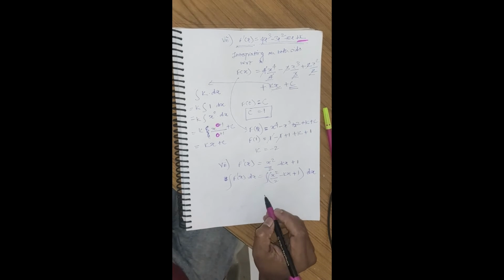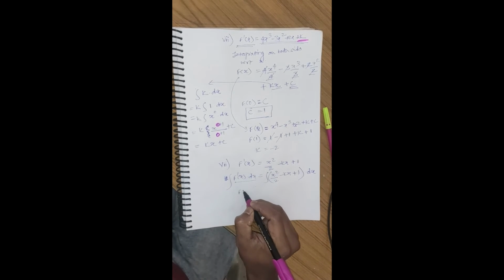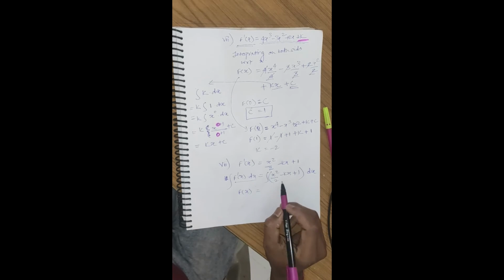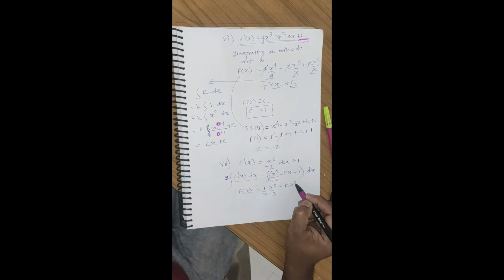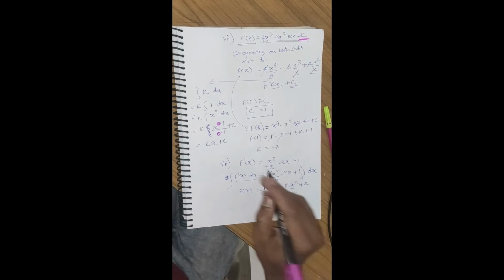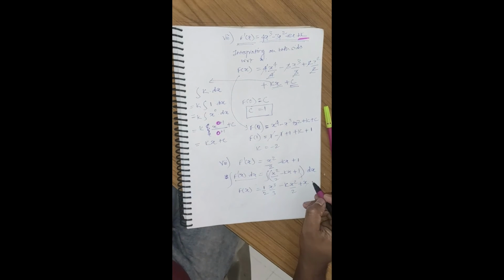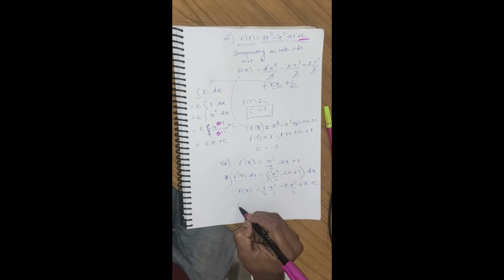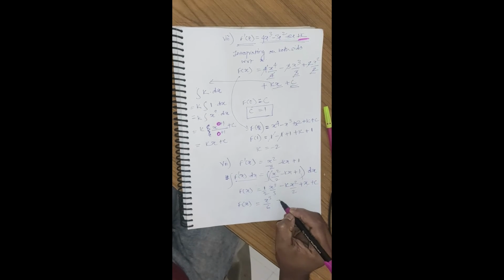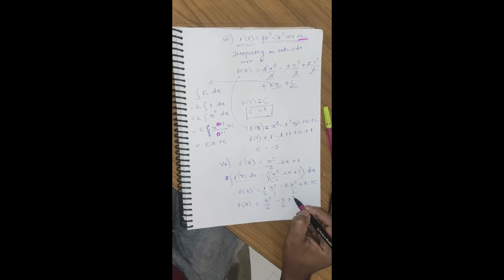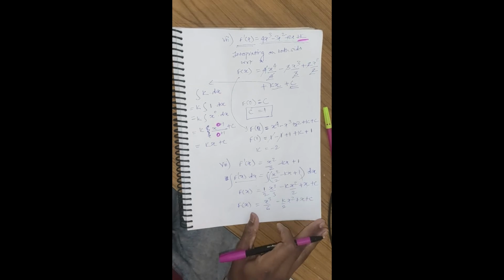So this becomes f of x. I've told you this before, and this will become 1 by 2 x cube by 3 minus k x square by 2 plus, yes, it is x, because I've explained it here, plus c. So I'll write it properly. Simplify this: x cube by 6 minus k by 2 x square plus x plus c.